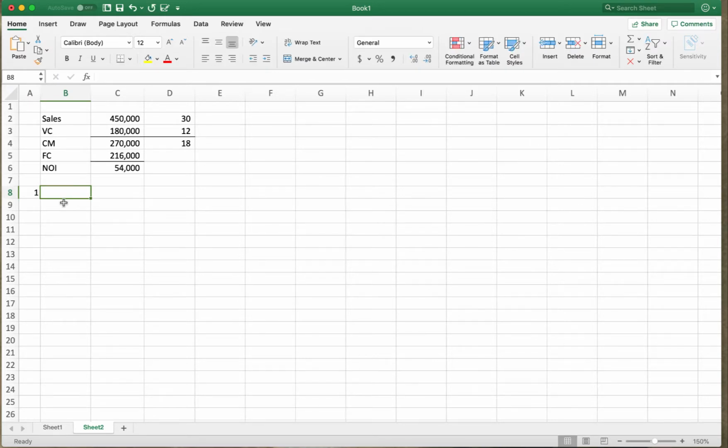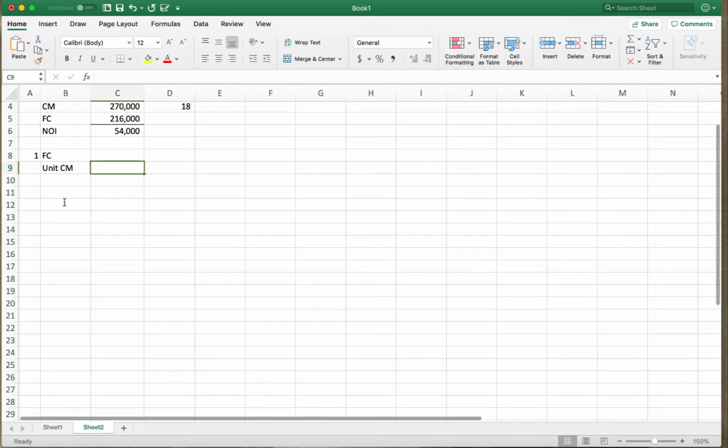Okay, so number one wants to know what is the monthly break-even point in units and in dollars, right? Well, we said in the last video that we have the equation method and the formula method. The formula is pretty simple. It's nothing more than fixed costs divided by our unit CM if we're looking for break even in units.